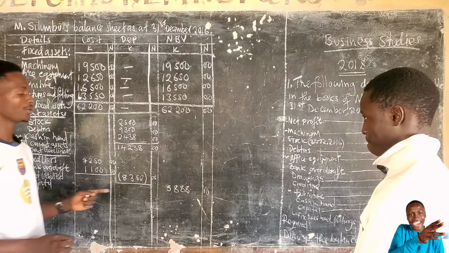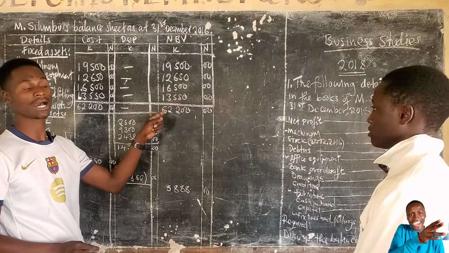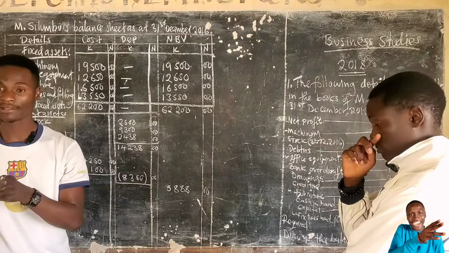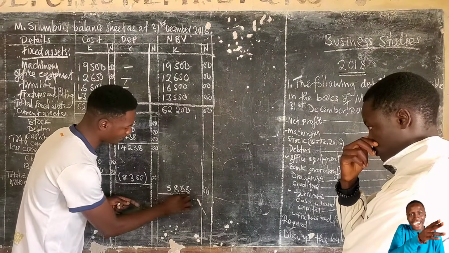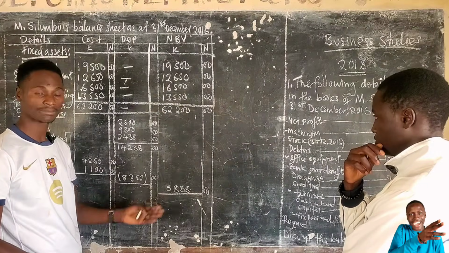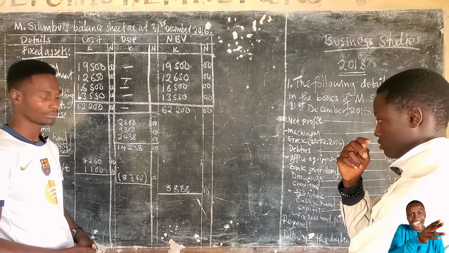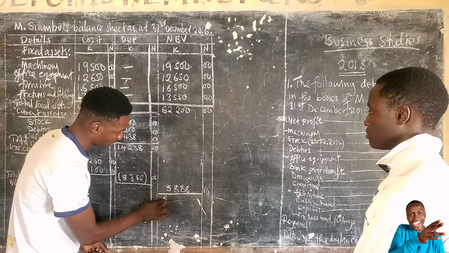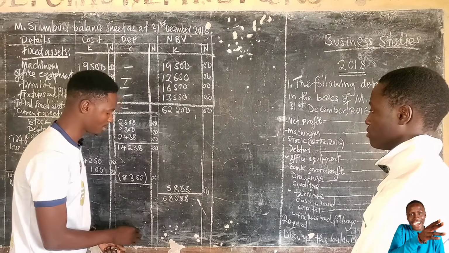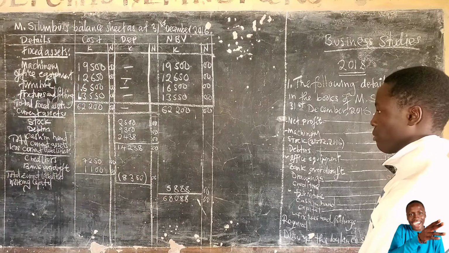Now, to the working capital, we need to add the total fixed asset. We are adding here. Now, after adding, when you add 62,200 plus this, what are you having? 68,088.